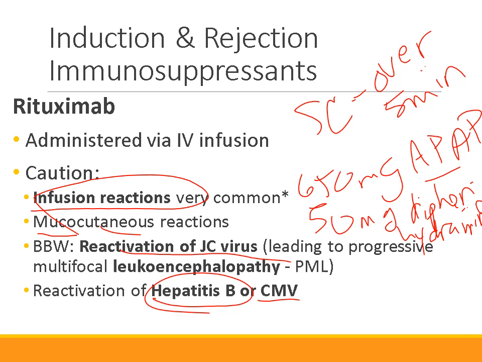For example, patients with CLL, chronic lymphocytic leukemia, because remember, this rituximab can be used for various things. It's not just rejection. It can be used for various types of cancer. It can be used for RA, for lupus, myasthenia gravis, etc.